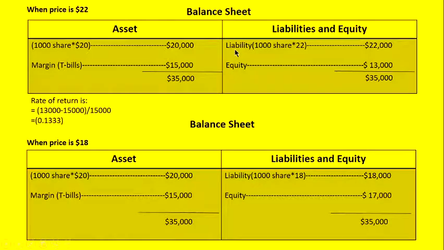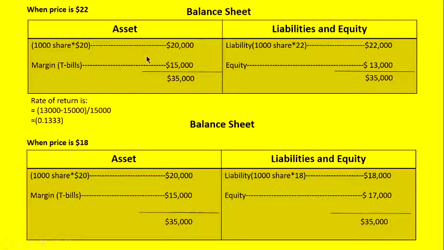The interesting part is when the price goes up from $20 to $22, your liability amount is $22,000. Your liability is going up because the broker invested money to buy Intel shares, and the Intel price is going up.